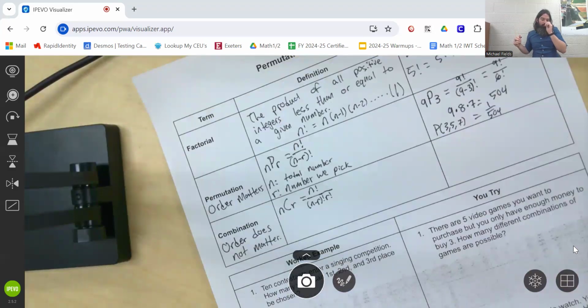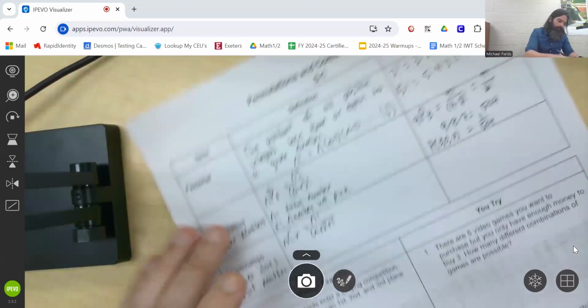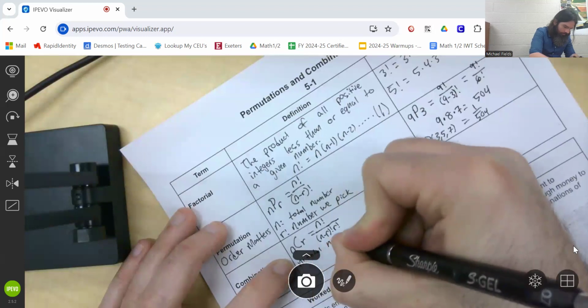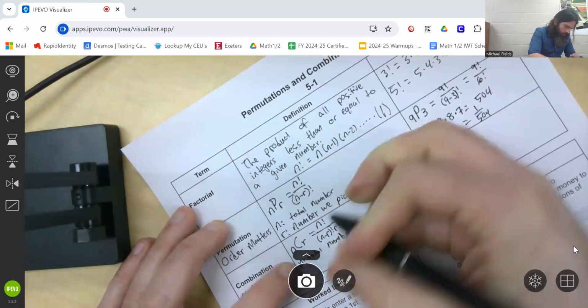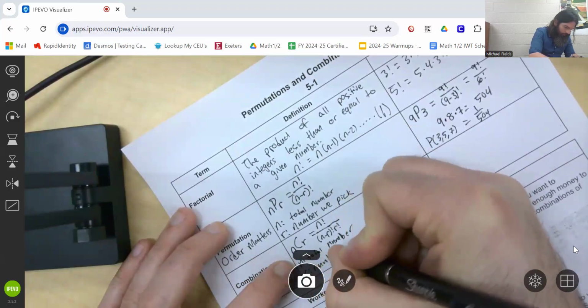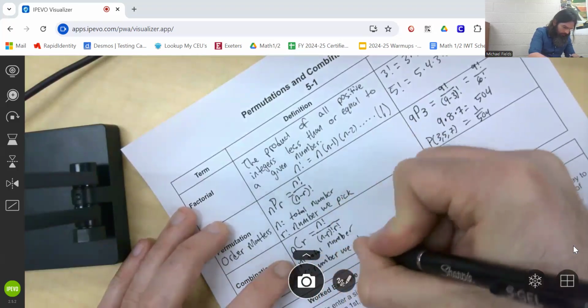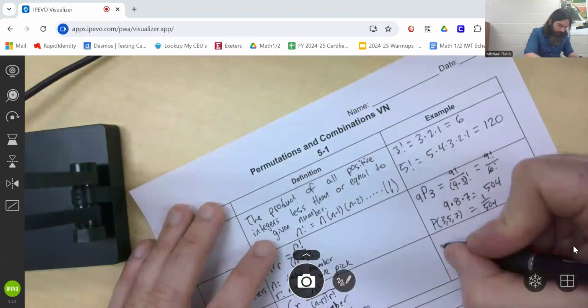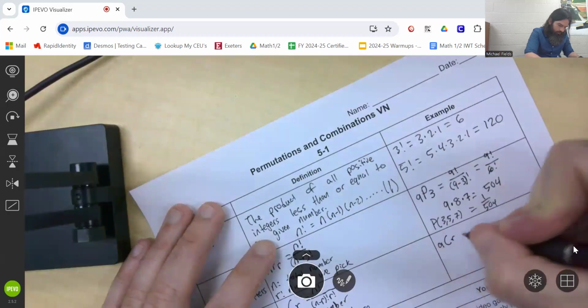Now, the reason for this is because the order doesn't matter, we have to also divide out the different possibilities that gave us the 3, the 5, the 7 in our hand. All right, so again, n is the total number, r is the number we choose. Okay, so this is the same thing, it's 9 choose 3.